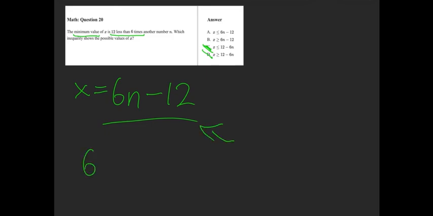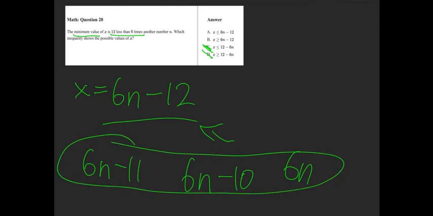That means x can be 6n minus 11, 6n minus 10, or even 6n, since all of these are greater than 6n minus 12. Looking back at our answer choices, we see that it's not going to be A, because A is saying that the maximum value of x is 6n minus 12, since it's showing that x can be less than it. We're going to choose B, because it's correctly demonstrating our example.